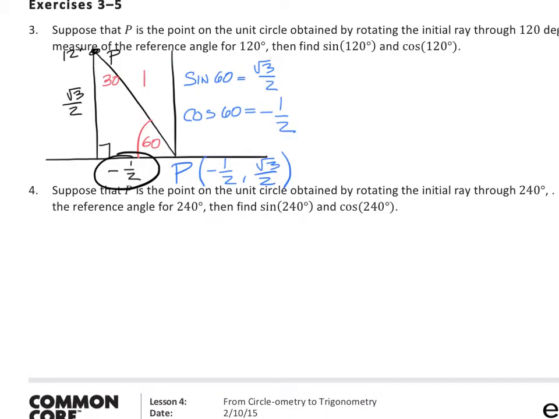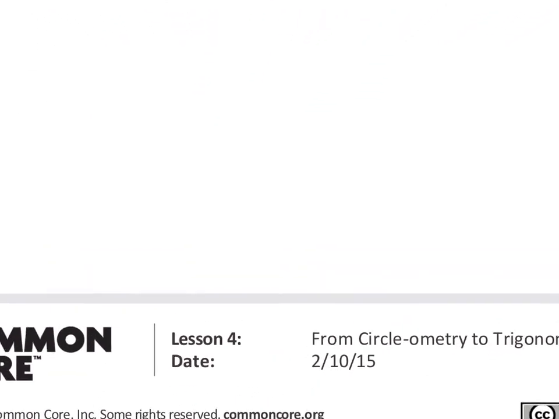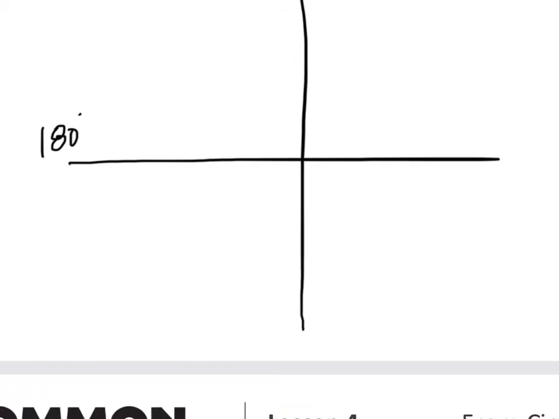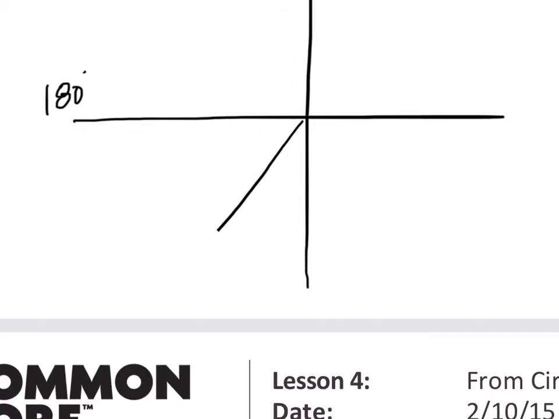Suppose that P is the point on the unit circle obtained by rotating the initial ray through 240 degrees. Okay, so let's go here and zoom in as far as we can and still keep our place. This is 180. And if I go, and I'm going to shorten this up a little bit, there we go, that's our center. If this is 180 and I'm going to 240, how many degrees past 180 do I have to go? 60, so it's going to have to be out here like this, and we'll go down.